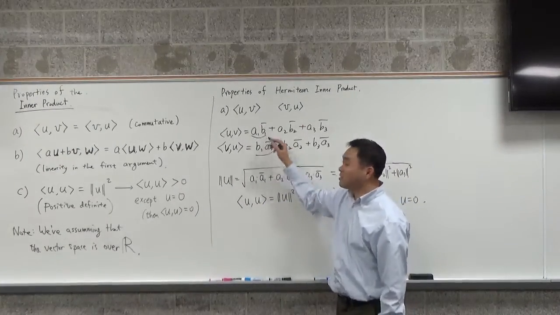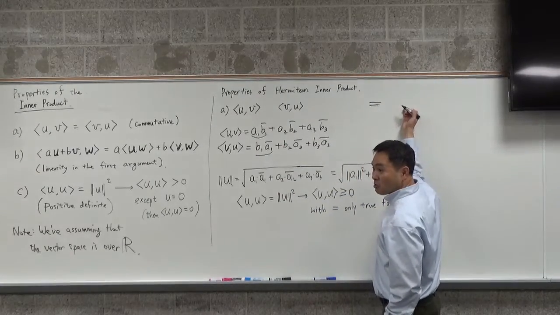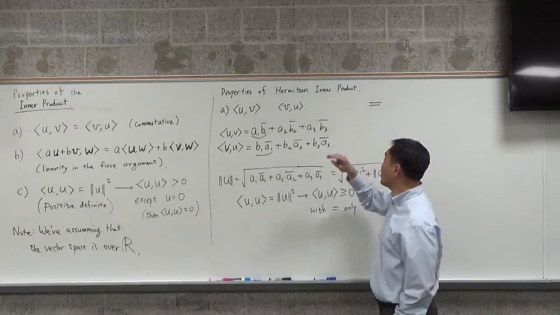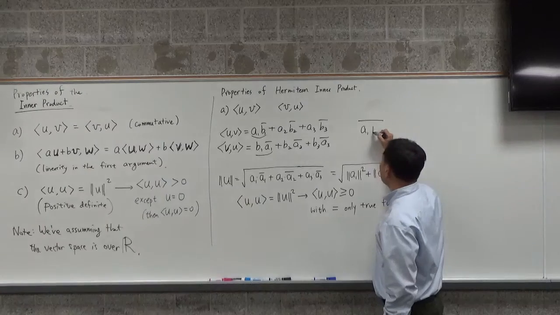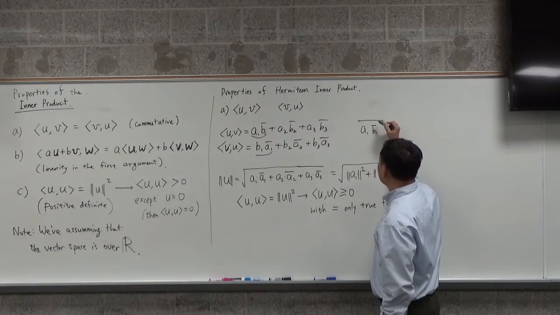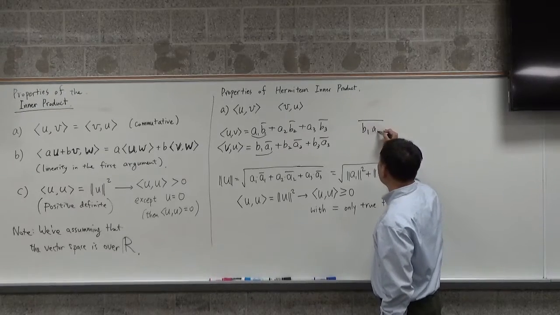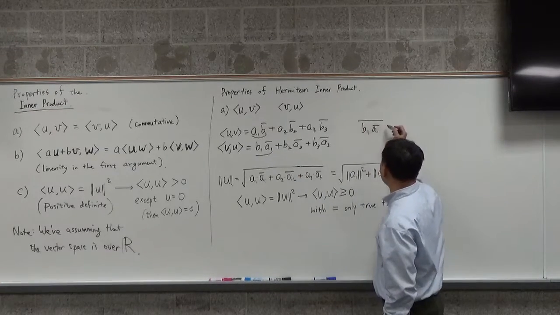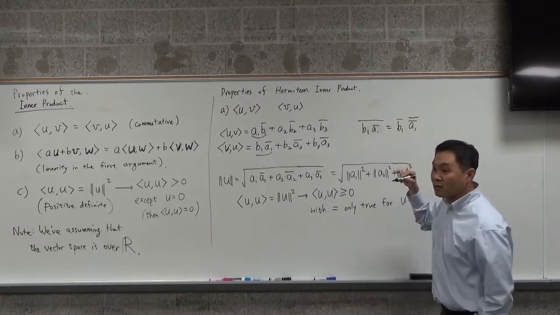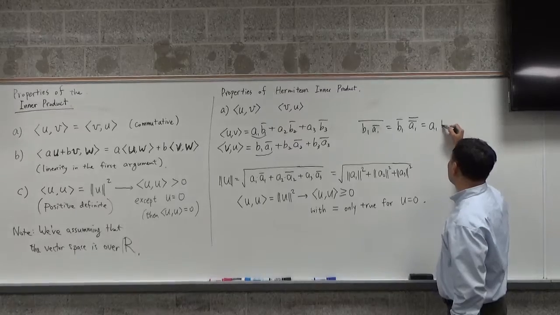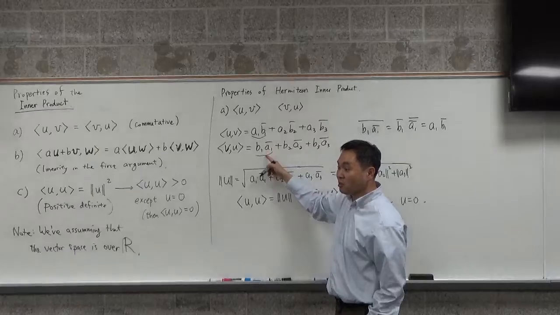Is this the same as that? No, it's not true. But then the bar of the bar is the same thing as the original because you're changing the sign of i twice. So if I take b1 times a1 bar and take the bar of it, this is b1 bar and a1 bar bar, and that's the same as a1 times b1 bar. So if you take the bar of this, you get that. Okay, the complex conjugate of this is this.